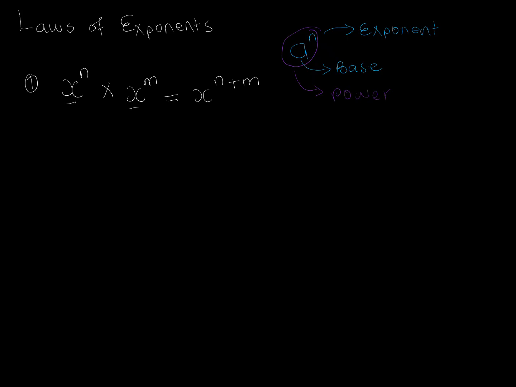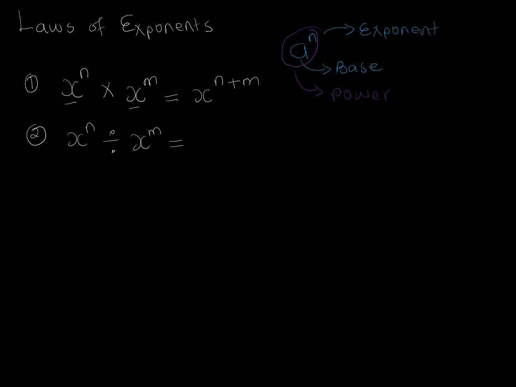Okay, the second law of exponents that I want us to discuss has to do with dividing the same base. When we divide the same base, what do we do to the exponents? We subtract them.